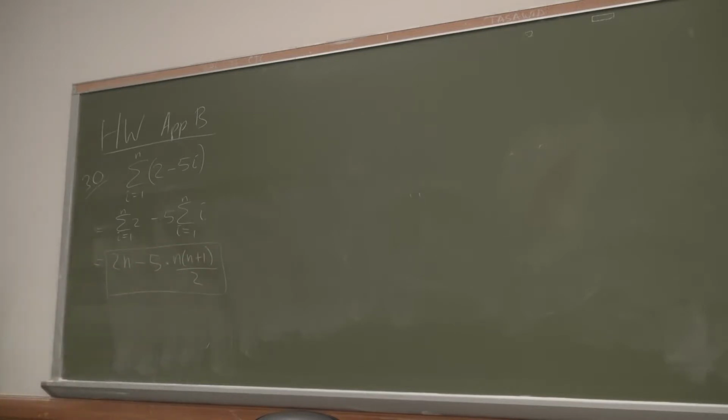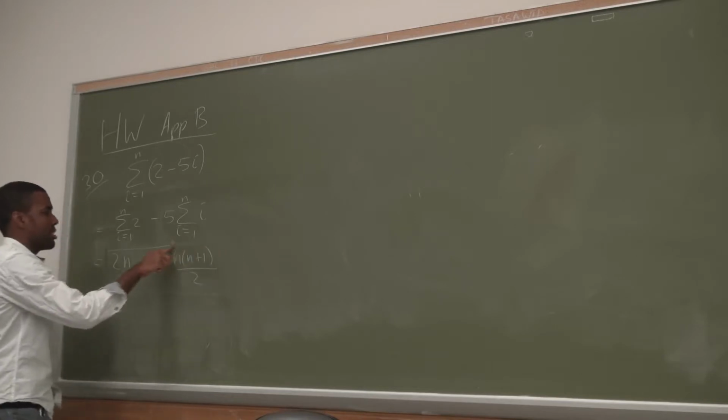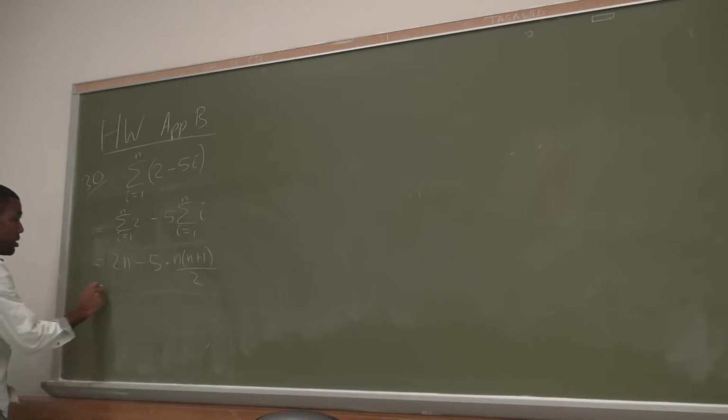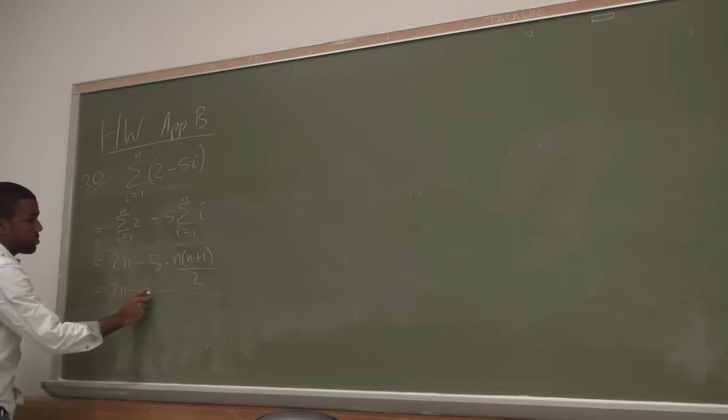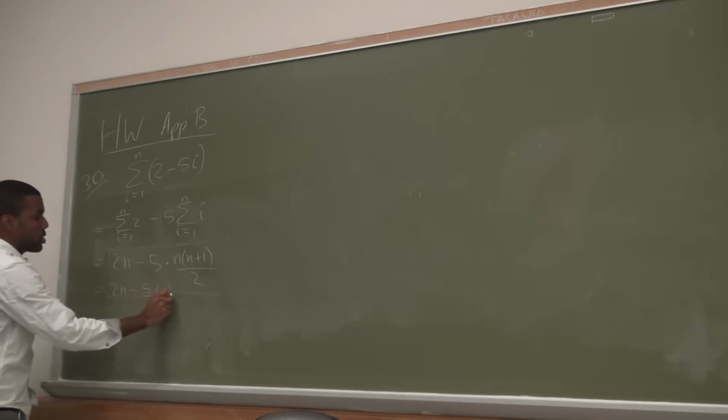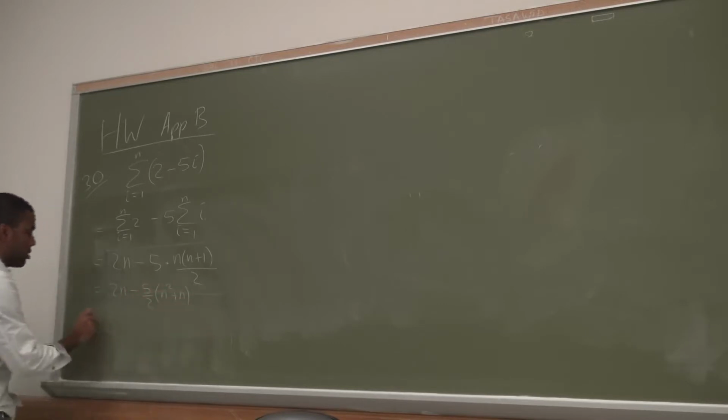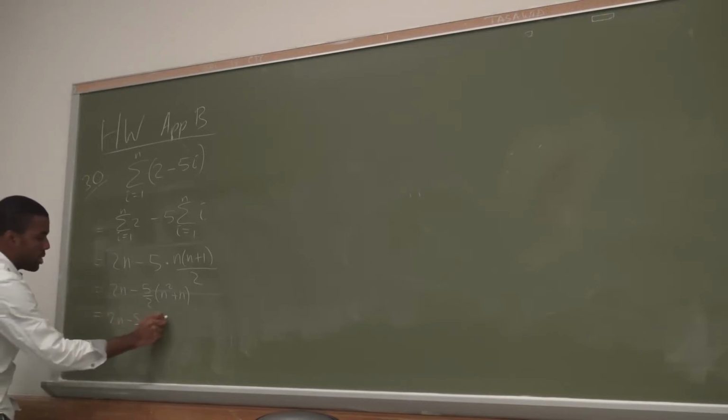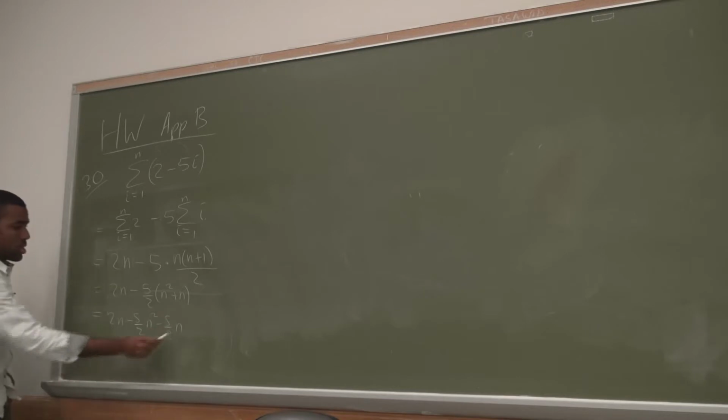Well, you don't have to simplify. I wouldn't particularly care to simplify, because on the website we have to tell you all these. Write it in a single form, like a polynomial? Yeah. So 2n minus 5 over 2 times n squared plus n. This is 2n minus 5 over 2 n squared minus 5 over 2 n. I'm going to combine these two n's.